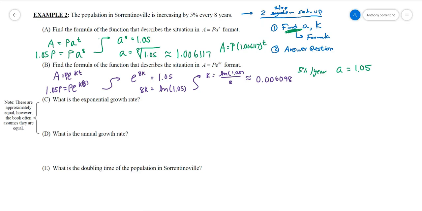And so the formula that I would use if I'm using this one is A equals P e to the 0.006098 T.